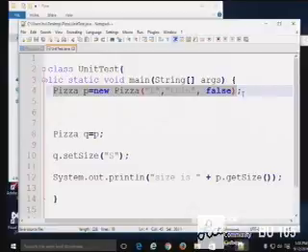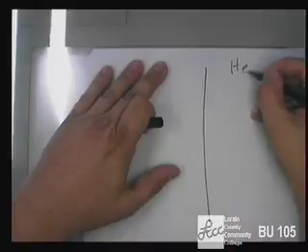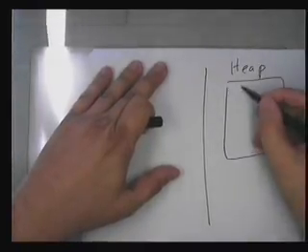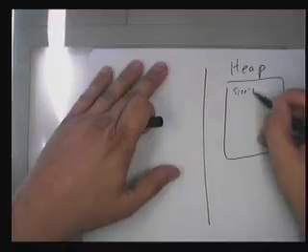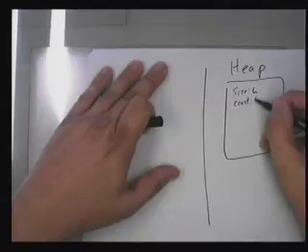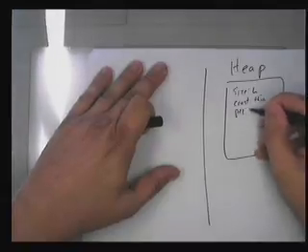Excellent. So, if we're going to draw that, if we're going to represent that, it would look like this. Here's our heap. We created an object, and we set the size to L. We set the crust to thin, and we set pepperoni to false.